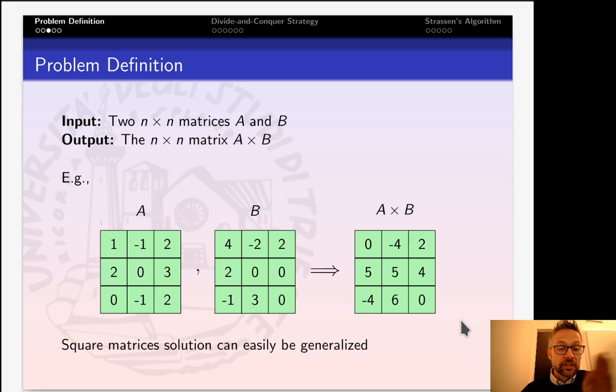So we're taking A and B square matrices n times n, and we want to end up with A times B. Please notice this is just to ease the problem, so we don't want to deal with a non-square matrix, just to simplify the problem itself. But of course, we can generalize the solution to non-square matrices.